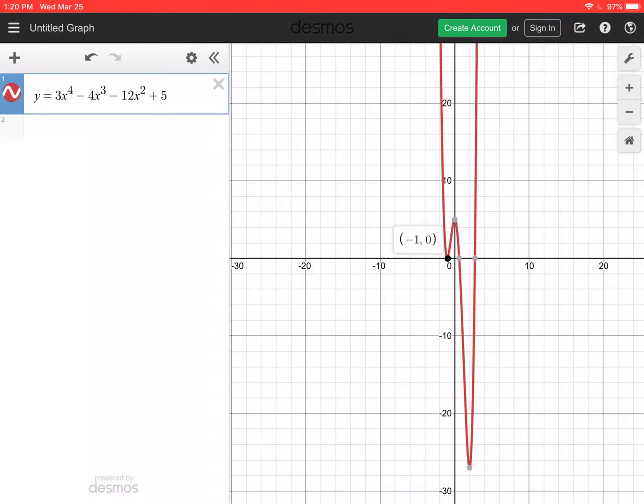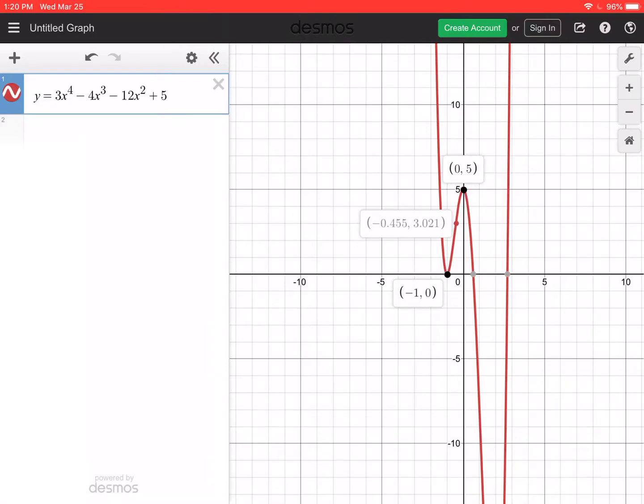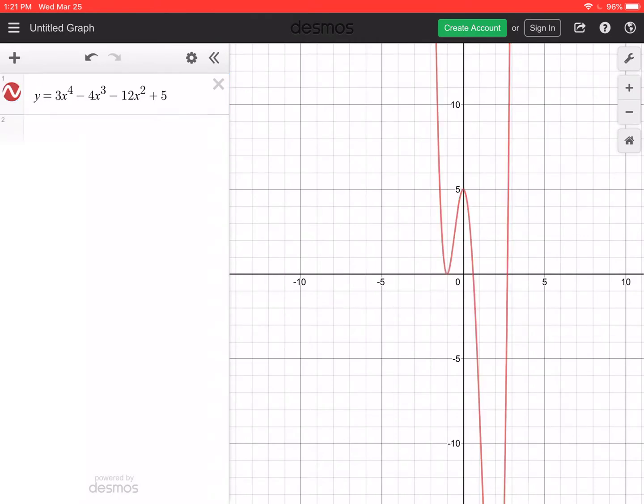So we've got our min, our max, our min, and we can identify inflection points as being in between -1 and 0, somewhere in the middle here, and then another inflection point somewhere in the middle here, where we're changing from concave up to down, and then down to up as we move along the rest of the curve.